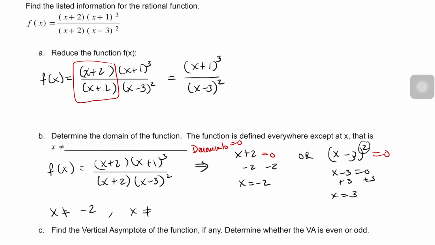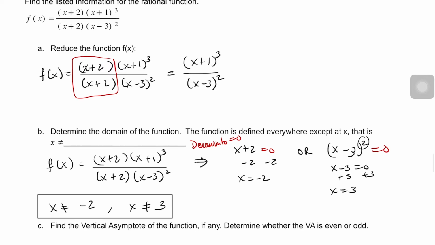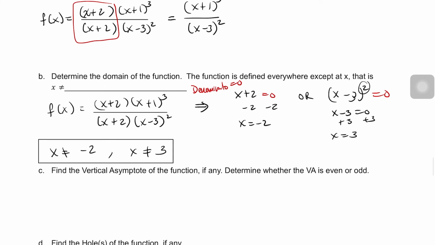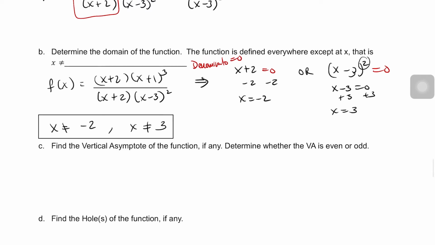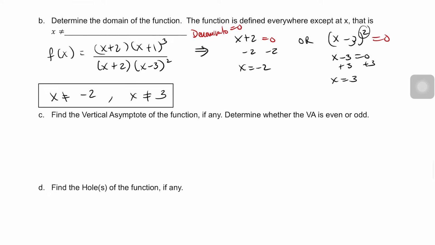So x cannot equal negative 2, and x cannot equal positive 3, because if it does, the function will be undefined. Those are the numbers we exclude from the domain. So the domain of the function is all real numbers except negative 2 and positive 3.